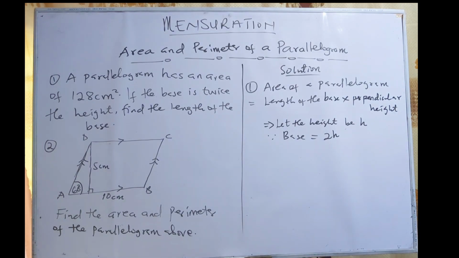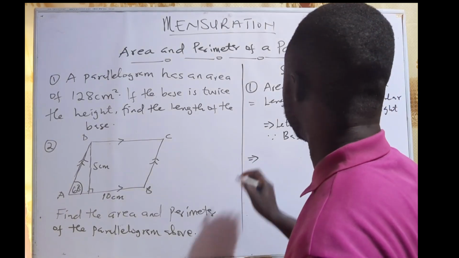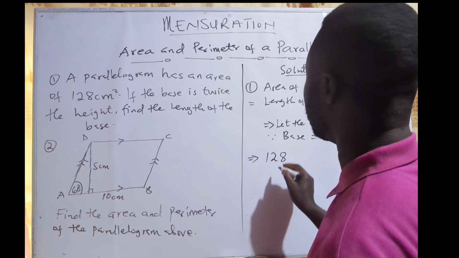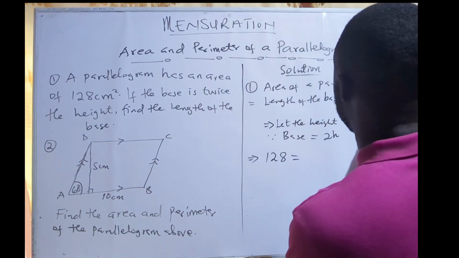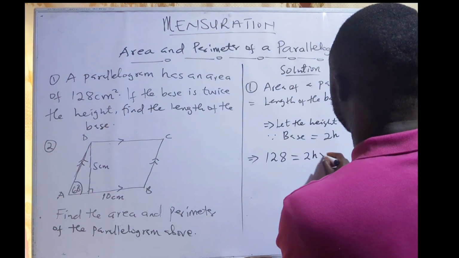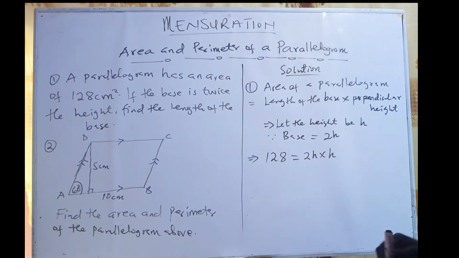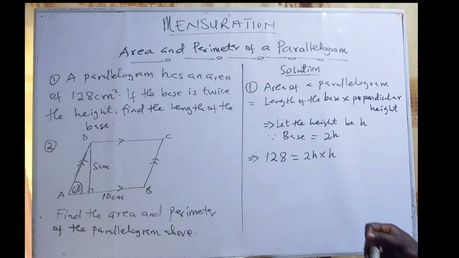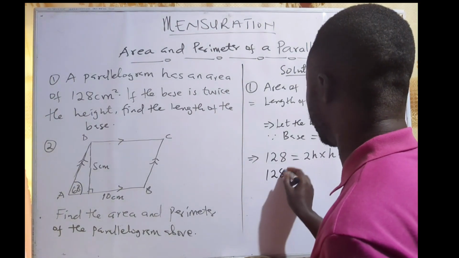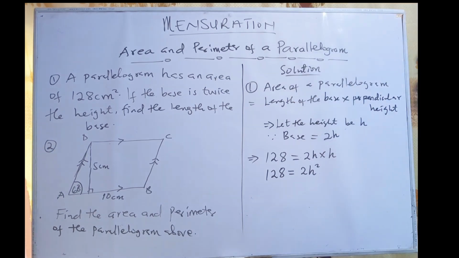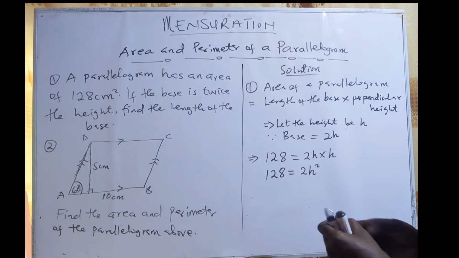So our area 128 is equal to the base 2h times the perpendicular height, which is h. Then we have 128 equal to 2h squared. Let's divide 128 by 2.